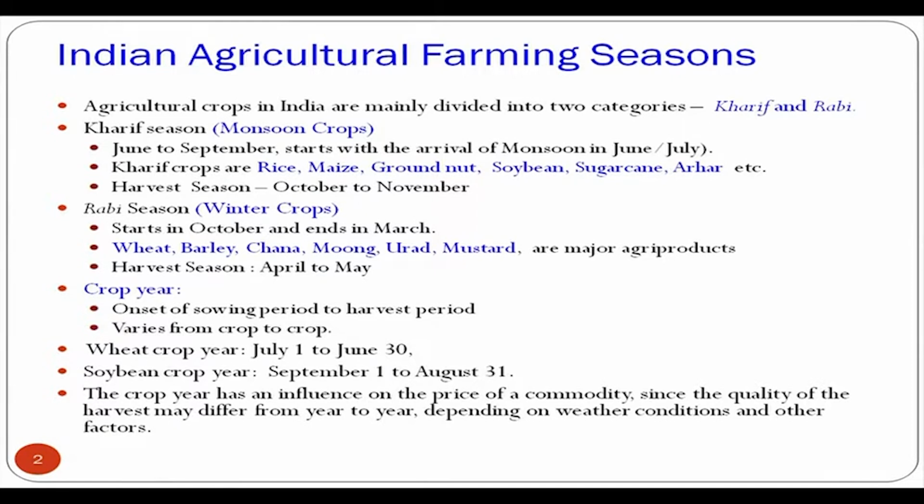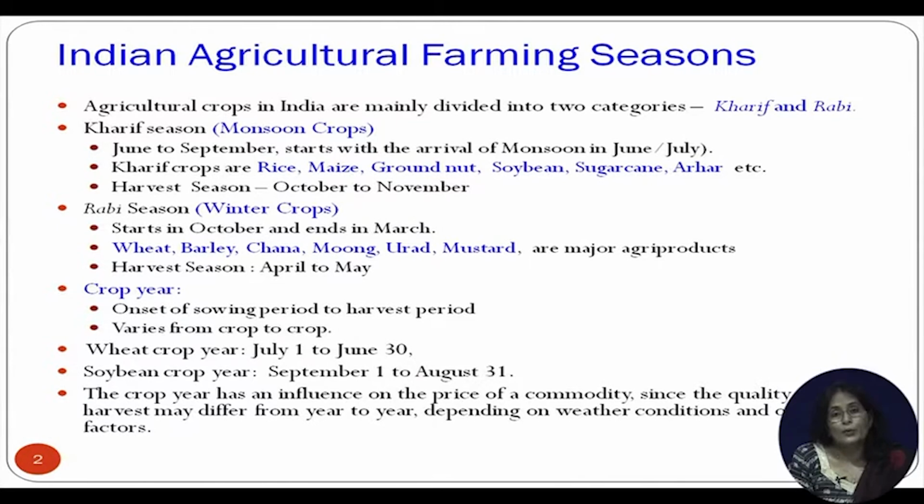Now, why are we talking about Kharif, Rabi or a crop year? Because understanding of this time period is of paramount importance for getting an idea about the pre-harvest, pre-plantation and post-harvest periods for a particular agri-commodity, because we know most agri-commodities are seasonal in nature.